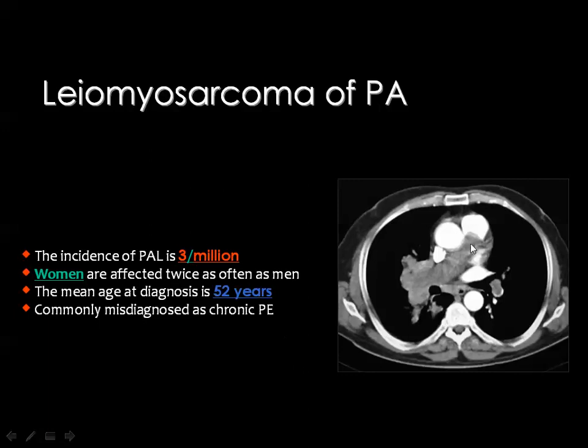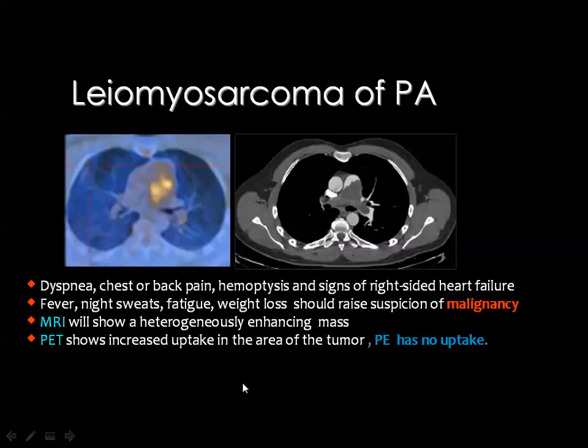But here you see a large soft tissue mass infiltrating most of the right pulmonary artery as well as its central branches, and you got also a similar lesion on the left side. Then the differences between pulmonary artery leiomyosarcoma and the pulmonary embolism are: number one, the embolus will not enhance if you inject contrast material, while the tumor will enhance if you inject contrast material.